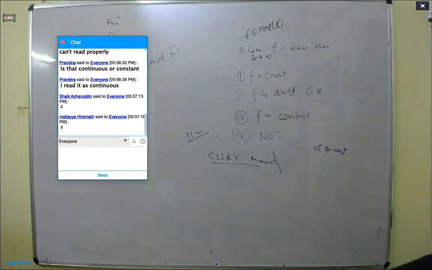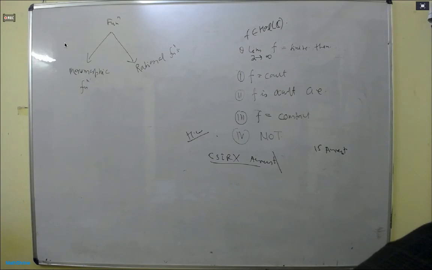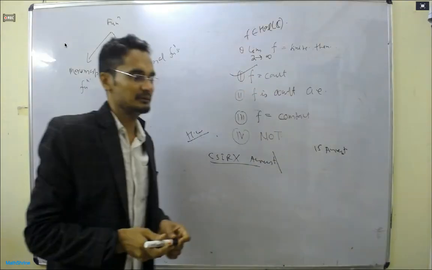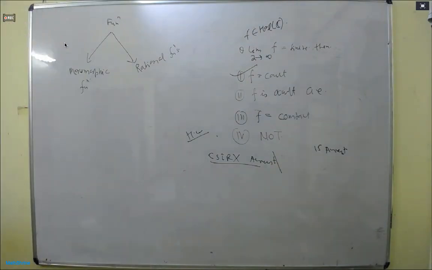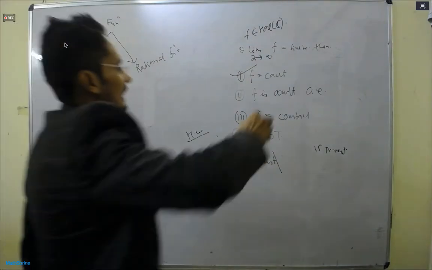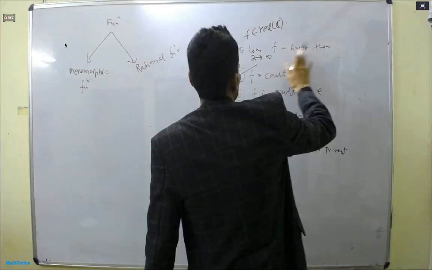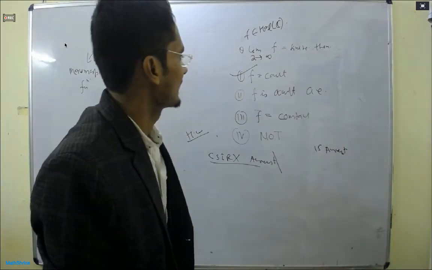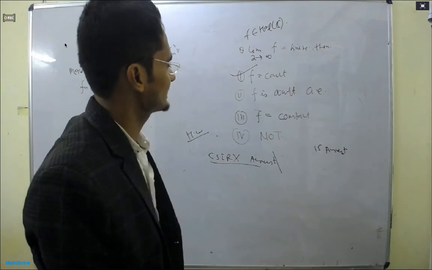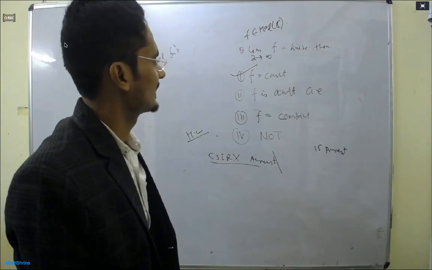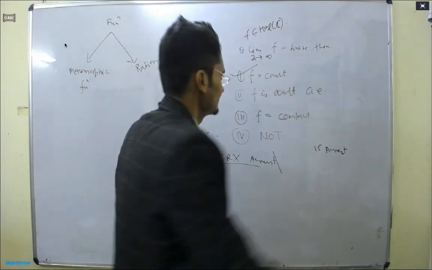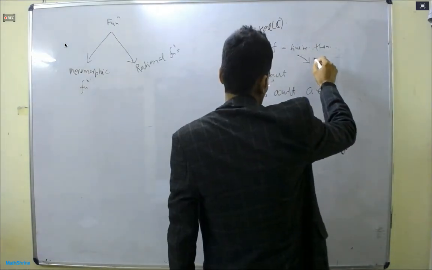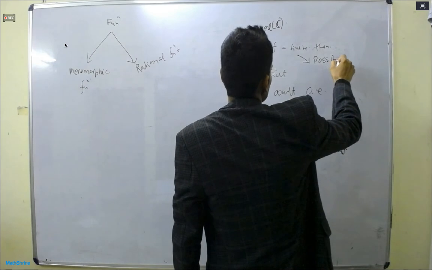So here the answer will be the first one. f will be constant everywhere. Also you can say a holomorphic function has a limit at infinity. You can also say the possible singularity can be what?